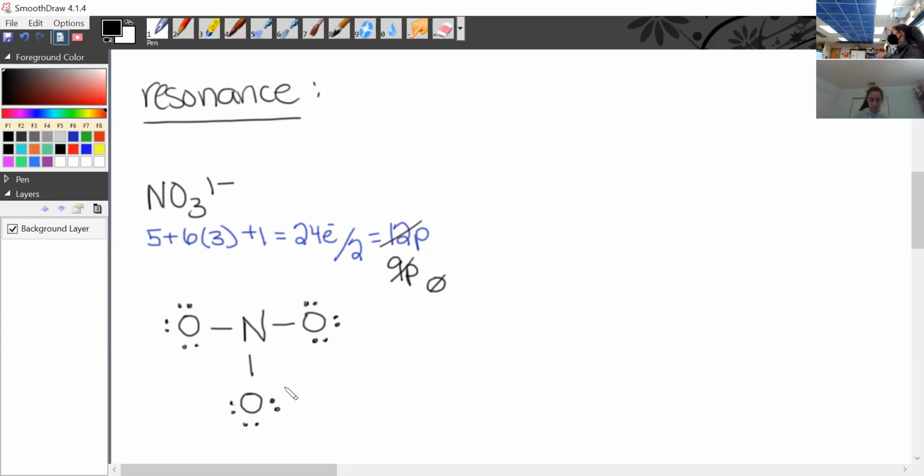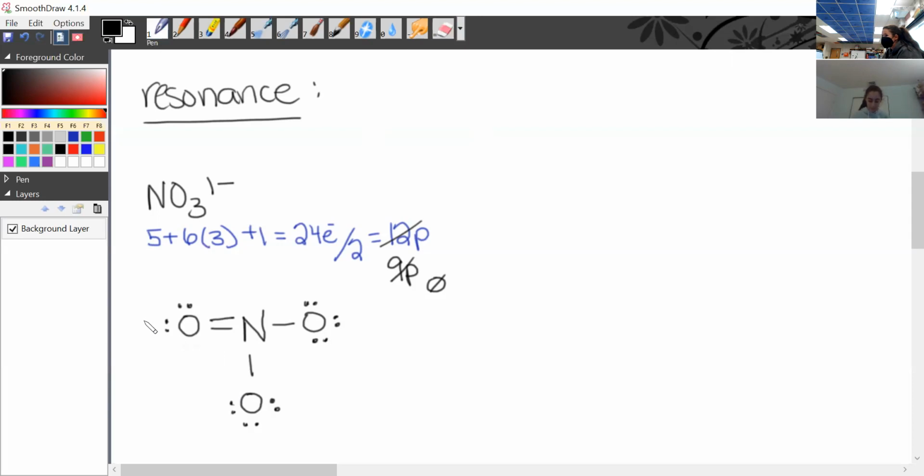Once you're all out of pairs, that's when you check to see that everybody's satisfied. Who's not satisfied? Nitrogen. So I need 1 double bond somewhere. It could be on the left, the bottom, or the right. Pick a place. I'm going to put mine on the left. I'm going to take away a lone pair and instead draw it as a shared pair, a double bond.